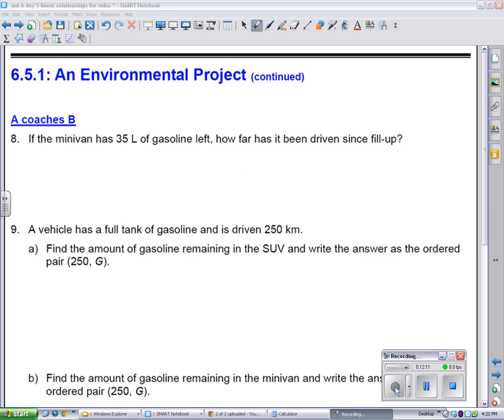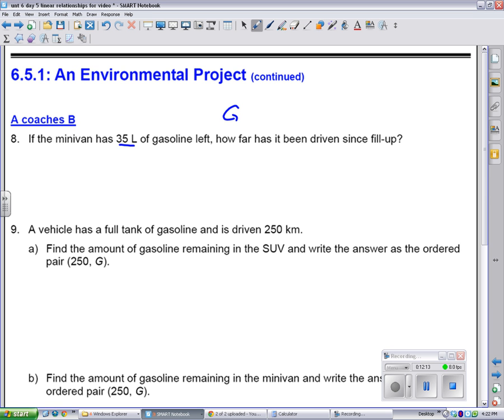On the next page, it says if the minivan has 35 liters of gasoline, so that was this equation, how far has it been driven? So since it's in liters, I'm going to put 35 into my equation for G and solve.